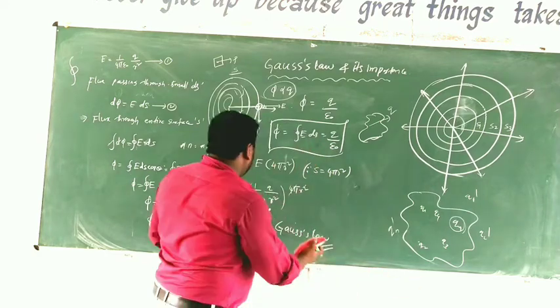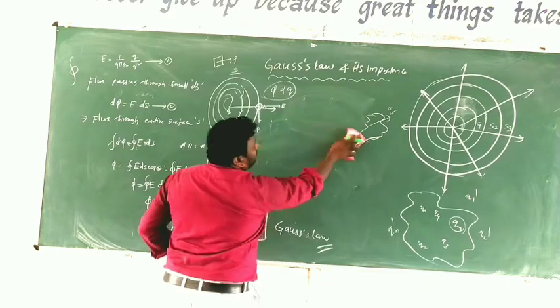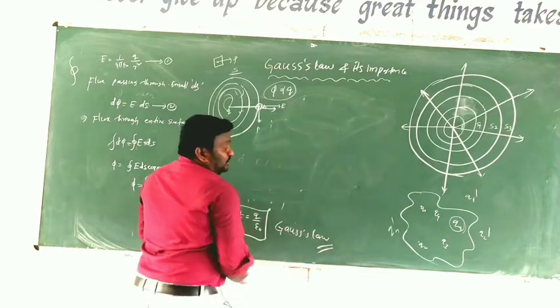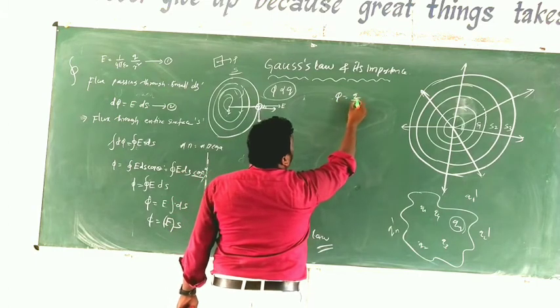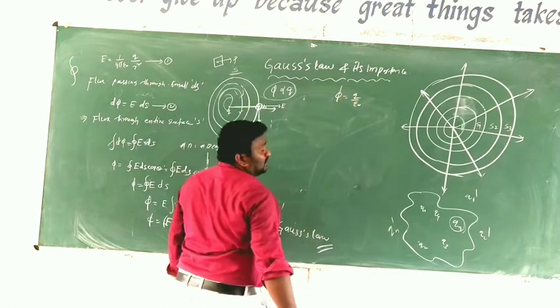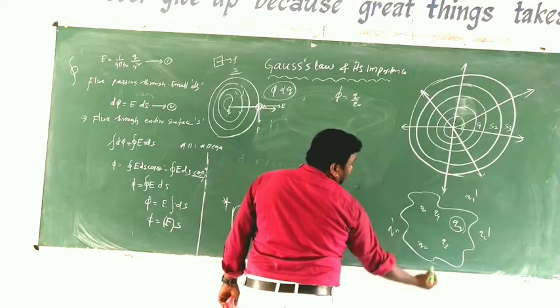Here, for example, I am writing according to Gauss law: phi is equal to q by epsilon naught. Inside, what you have is Q1, Q2, Q3, Q4 and so on.